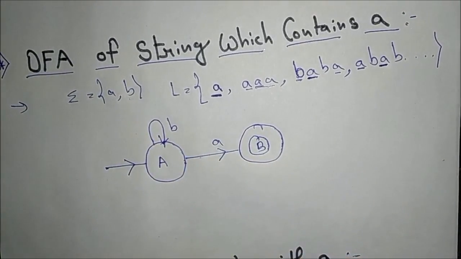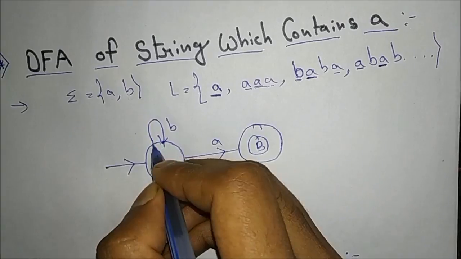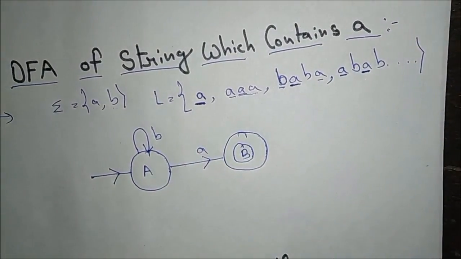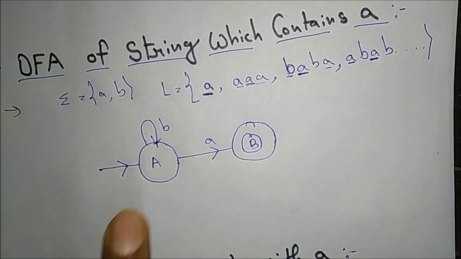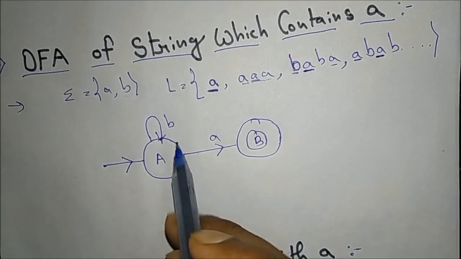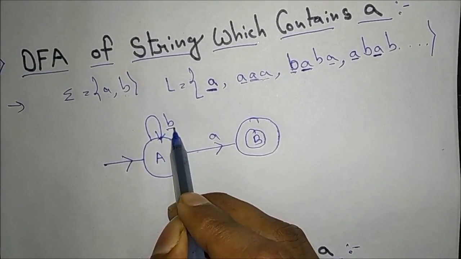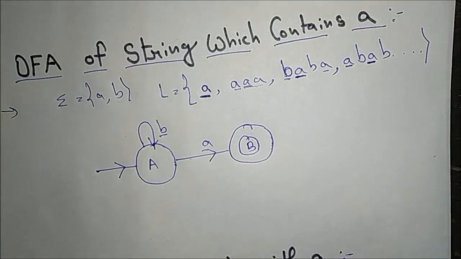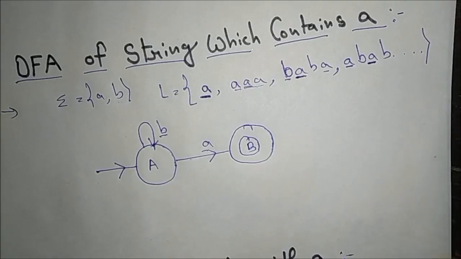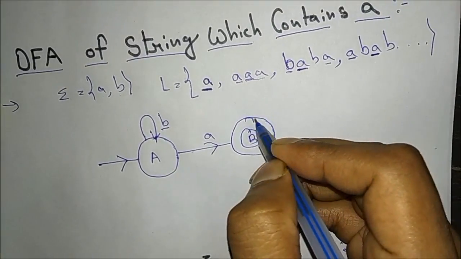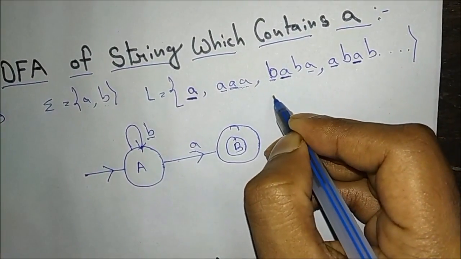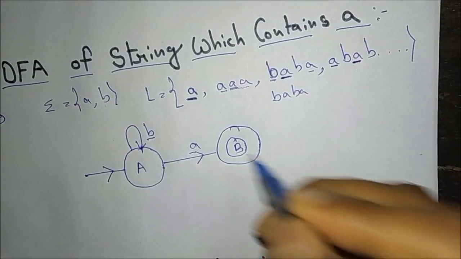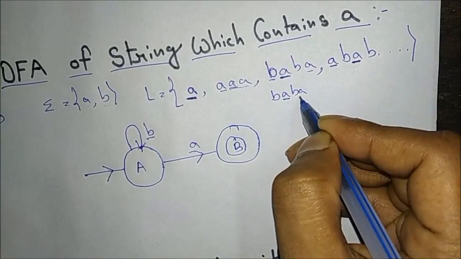If the string starts with B, we don't have any problem, because the string contains A. So if any number of B's come in the A state, we stay there. Now this state is finished, because there are two inputs and we have shown both transitions, A and B. For the B state, we have not yet shown any transitions for A and B. If the string contains B A, then the string contains A.